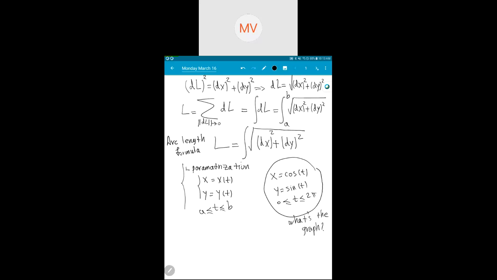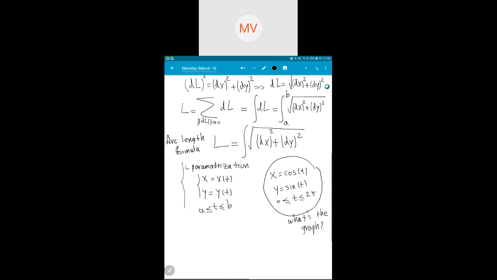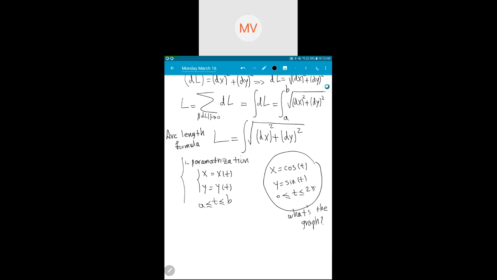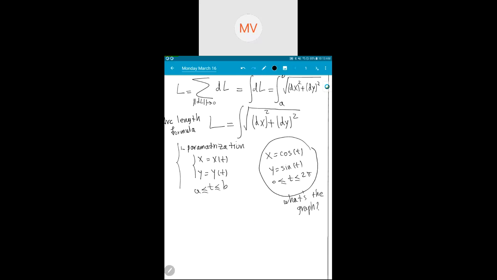So we're going to find the length of this curve. Of course, the length of this specific curve is the circumference of the circle, right? In this case, 2 pi. So if we have a parametrization, I'm going to adapt this length formula for parametrization. What is the independent variable?